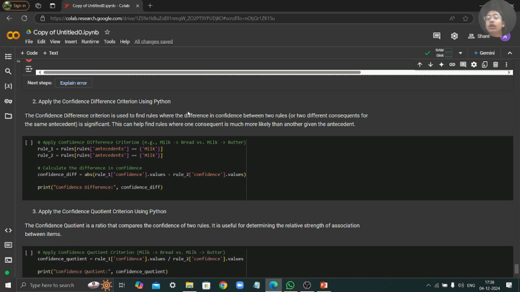Then we use the confidence: if this is bought, then this is bought. It is not certain that once a customer has bought a thing they will buy the next item next time, but if it happens frequently, then it can lead to better prediction. So here we have used confidence, and this confidence difference, and then we have printed it.